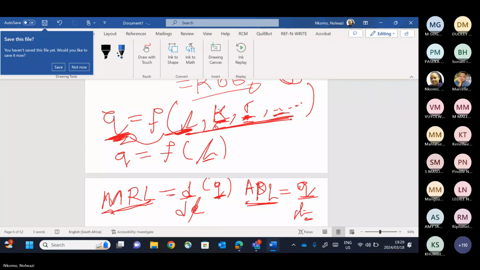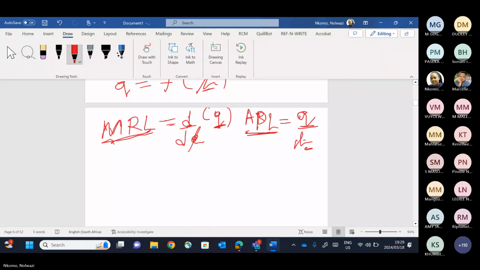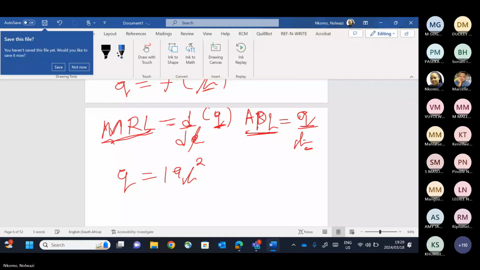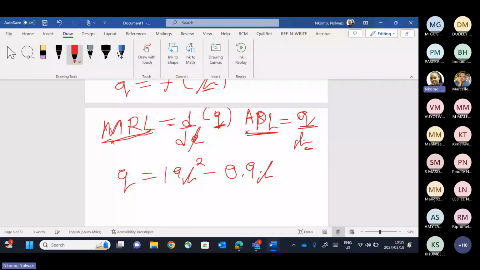Okay, suppose you are given the production of labor for a day. The production of labor is Q equals 19 L squared minus 0.9 L cubed.